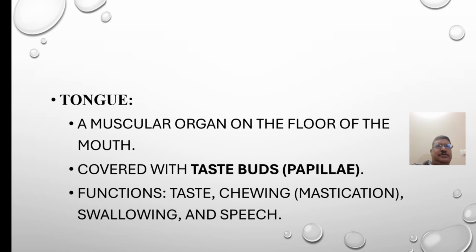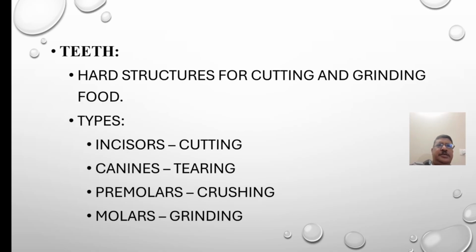Another is the tongue, a muscular organ on the floor of the mouth, covered with taste buds, papillae. Function: taste, chewing, mastication, swallowing, and speech. Teeth are hard structures for cutting and grinding food. Types: incisors, canines, premolars, molars.